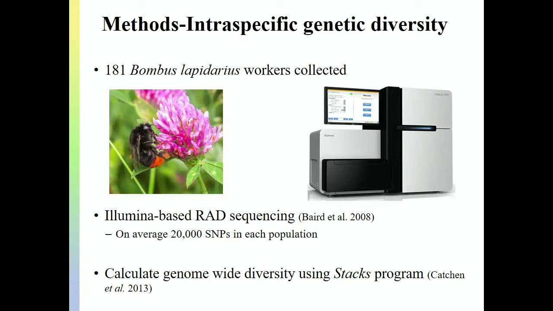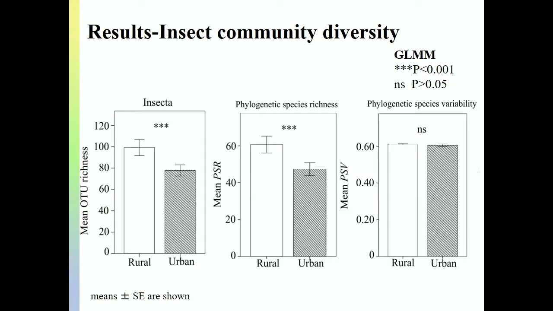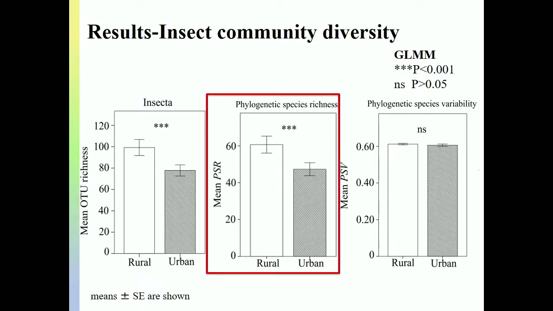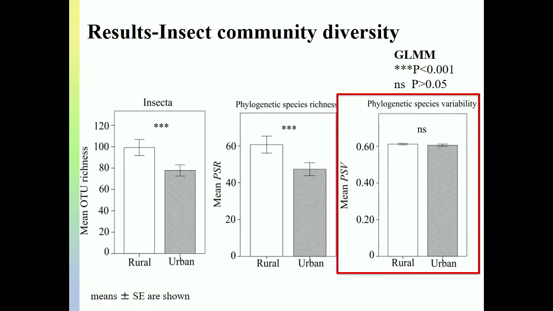So here are some of the results we got. Overall, we found higher OTU insect richness in rural versus urban areas. We also found higher phylogenetic species richness in rural versus urban ecosystems. However, we did not find any difference in phylogenetic species variability between the two ecosystems.